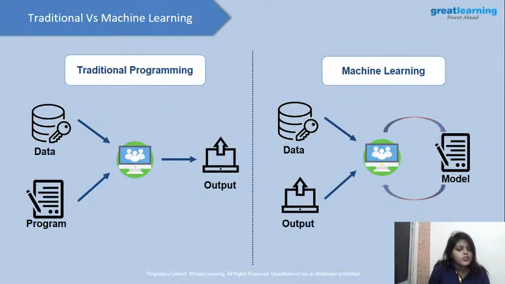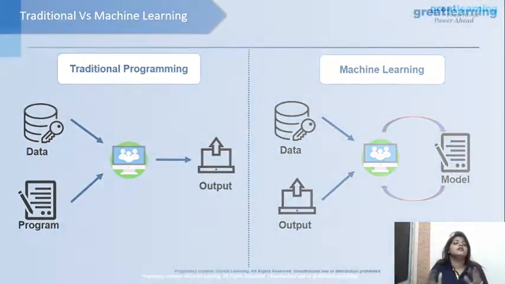You have lots of libraries. You need to know the concepts behind the algorithm, and then you say, hey, I'm going to call this particular one and use it. That's all you need to do, and that too one time. When your model gets trained, you just need to give your data and your model will work for you. So in traditional programming, you need to do everything from scratch each and every time. But in machine learning, you can start by just giving the data and getting the output without doing anything else.